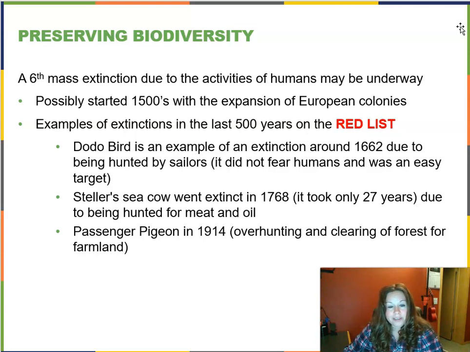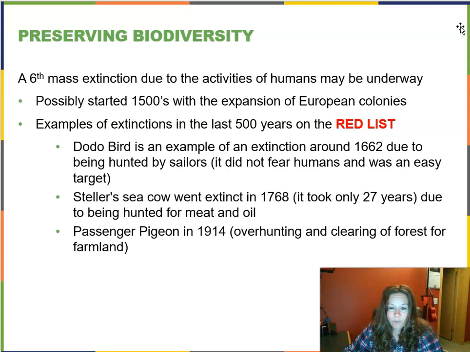One organism on that is the dodo bird. It's an example of an extinction around 1662 due to sailors hunting it for its meat. Because it was from an island and did not evolve with humans, it was not afraid of humans. You could walk right up to it, and so therefore it was an easy target for a meal for sailors.